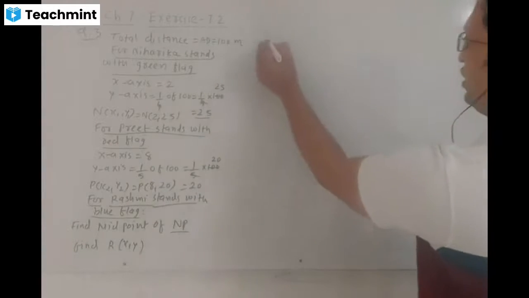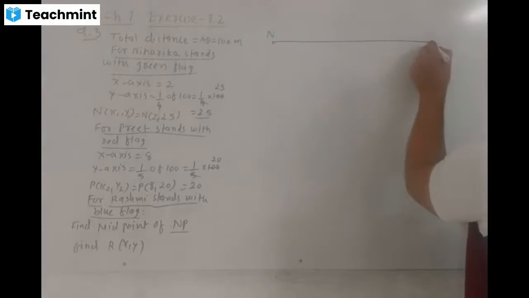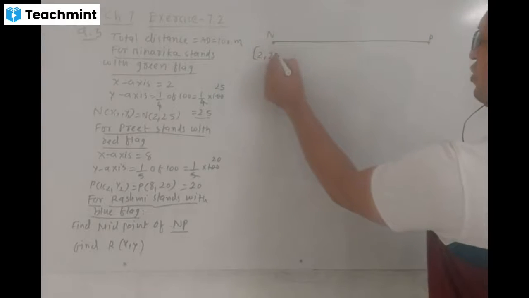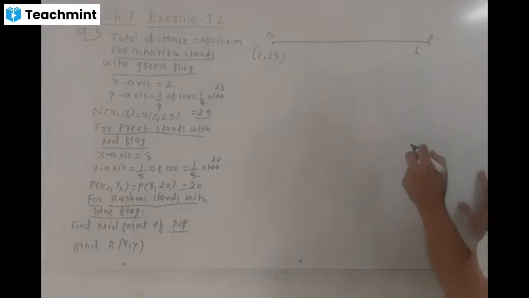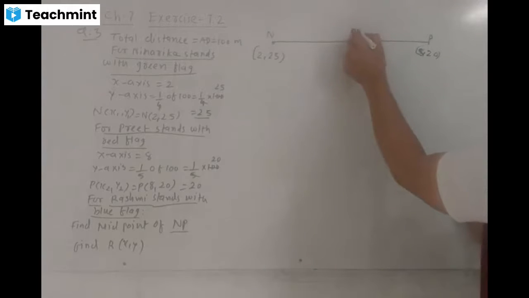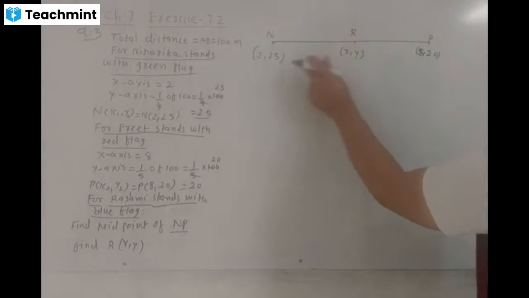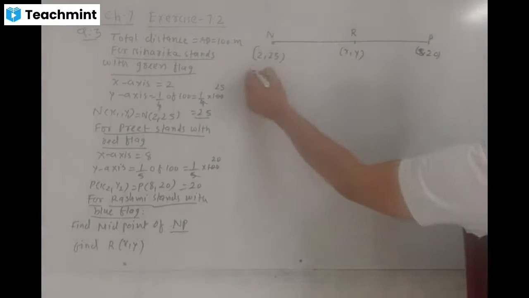Okay, see here. Niharika and Preet. Niharika stands at the point (2, 25), that is (x1, y1), and Preet stands at the point (8, 20), and Rasmi is exactly midway, halfway, at the point (x, y). First, we find the distance between N and P by the distance formula.